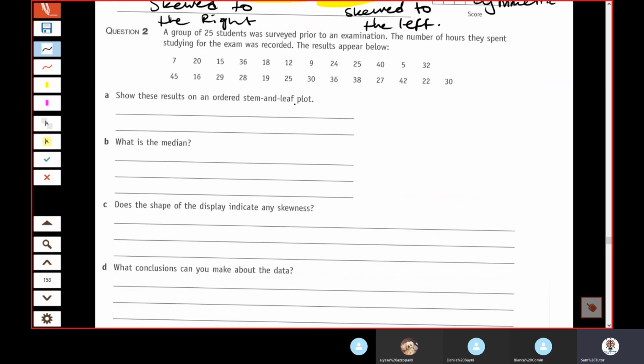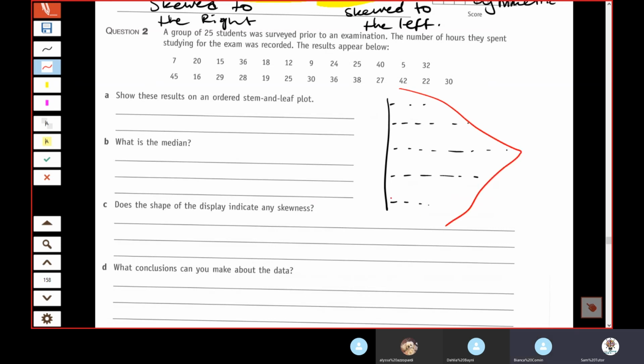Okay, even from a stem and leaf plot, I'm not going to do it for these numbers because it's easy. But let's just say you had your numbers. I'll just do it as a dot plot because it'll look the same. That one there, obviously you can tell that one is symmetrical, right?